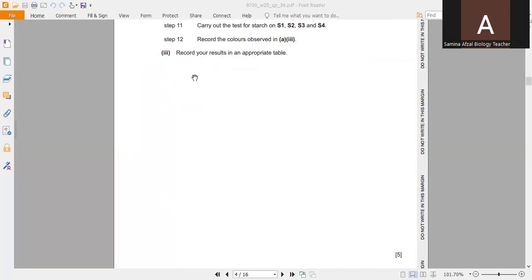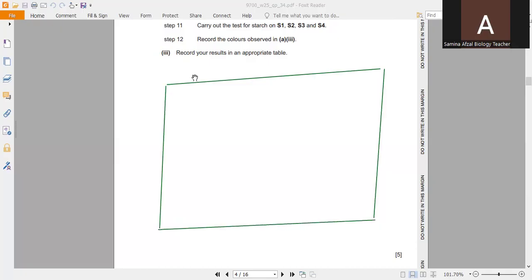Here you are going to construct the table, and then we will make it in this way.